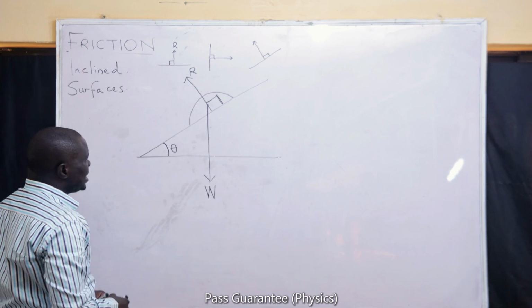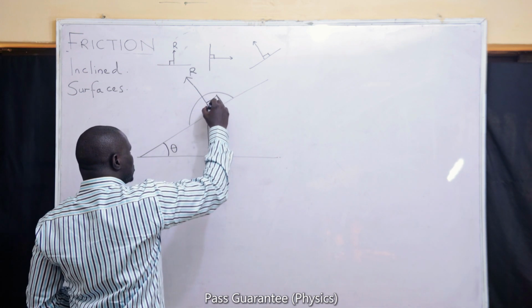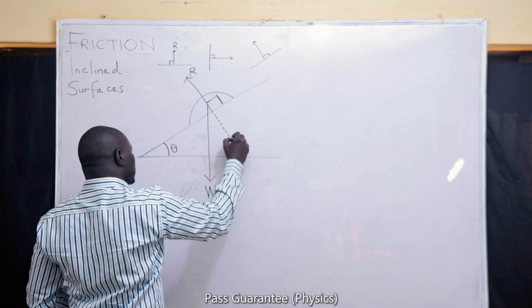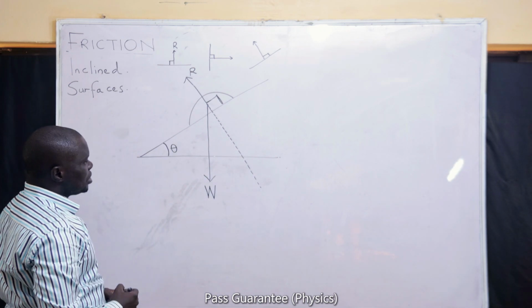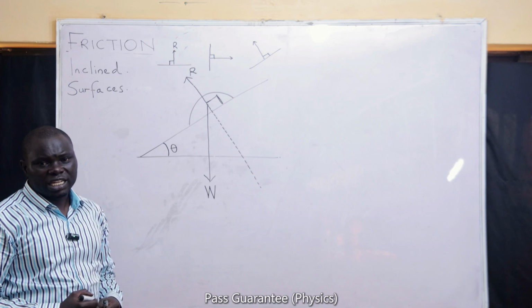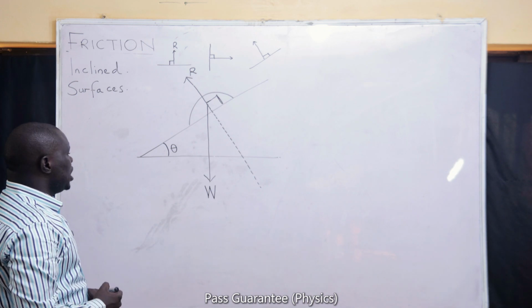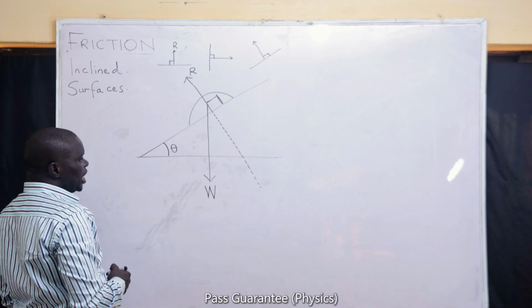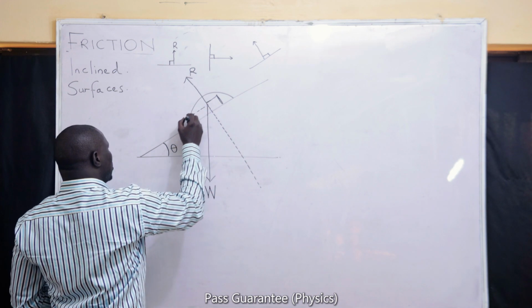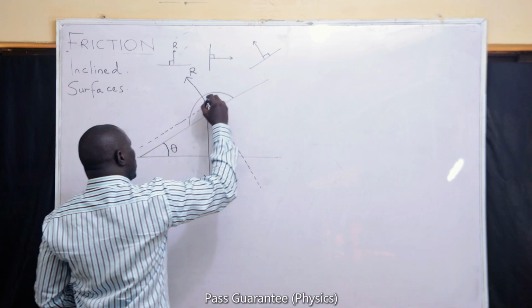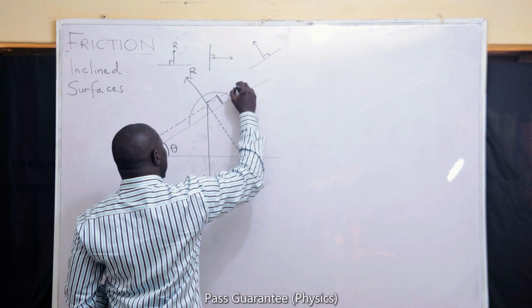Now, if I extend that direction, we are going to hold on to that. Let us now check the horizontal direction too. If this object is going to move, it will either move downward along the plane, or I can push it upward along the plane.